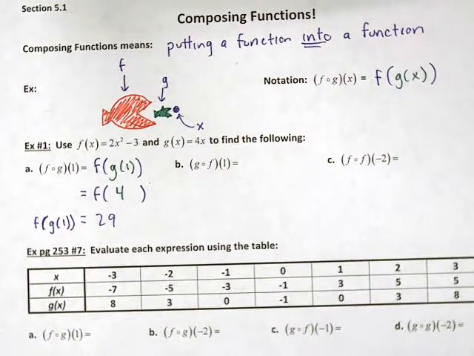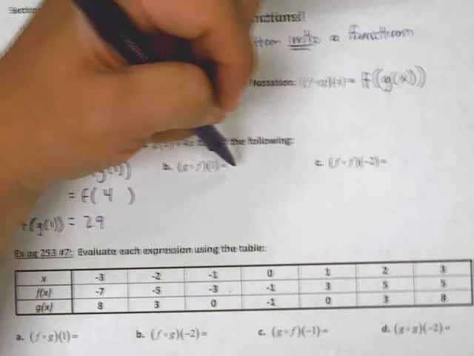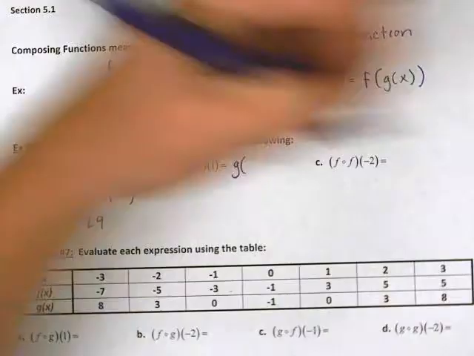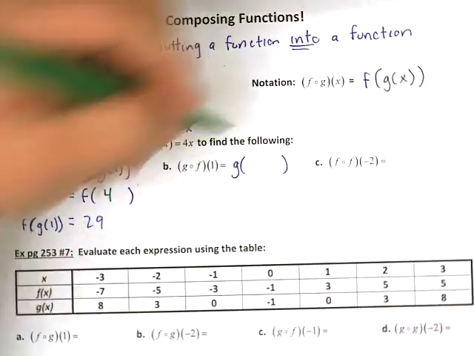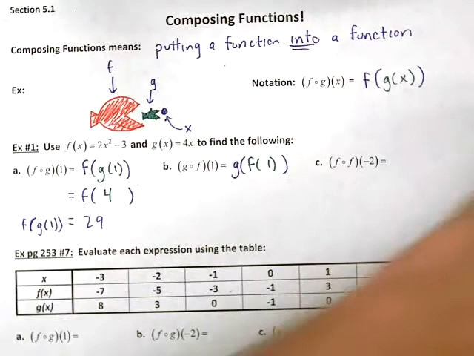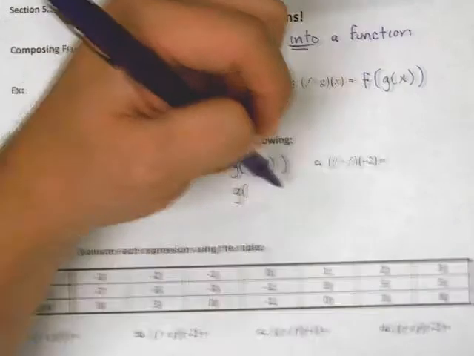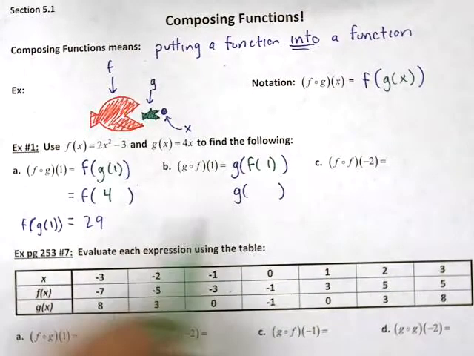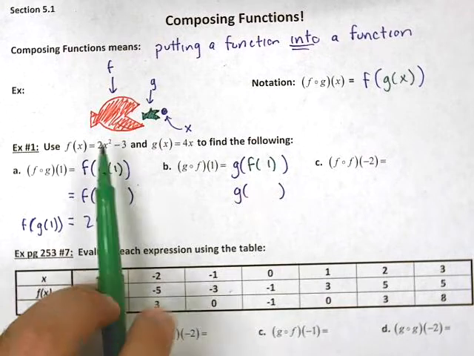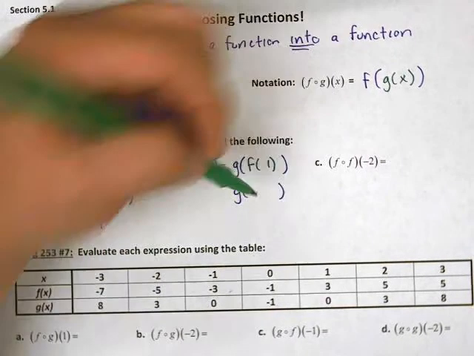What happens if we switch the letters? Well, let's take a look. Will it be the same? So I know my G function is the outer, and I am now putting f of 1 into my g function. So I again start with my f function, and I plug 1 into it this time. So 1 squared is 1, 1 times 2 is 2, 2 minus 3 is negative 1.